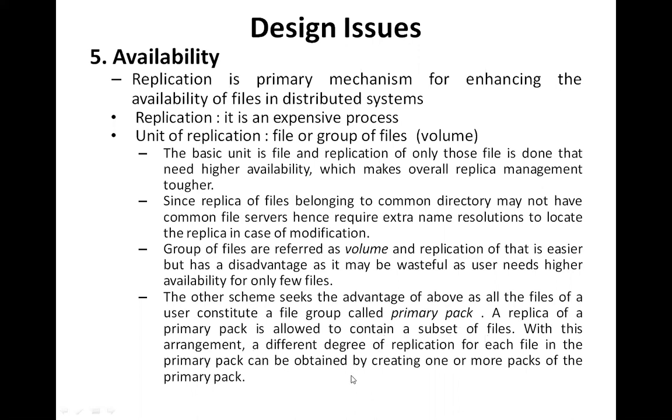With this arrangement, a different degree of replication of each file in the primary pack can be obtained, and thus by creating one or more packs of the primary packs, the availability can be achieved, which is an important issue as far as the distributed file system is concerned.